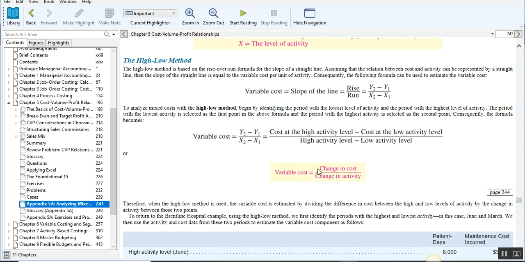So you're taking the highest level of activity that you have minus the lowest level of activity you have, and you're taking the cost for that and getting the difference or the change in cost between those. And then you're doing the same thing for the activity levels. And once you do that, you'll get a variable cost per activity or for the units.